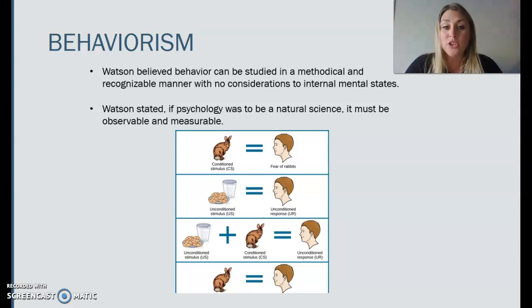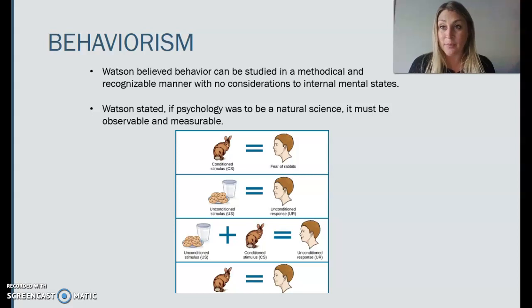When you pair the plate of cookies with the rabbit, it produces a response of pleasure. Once this is repeated over and over again, introducing the cookie with the rabbit, it creates no longer a fear of the rabbit and creates a pleasurable response when he sees that rabbit.